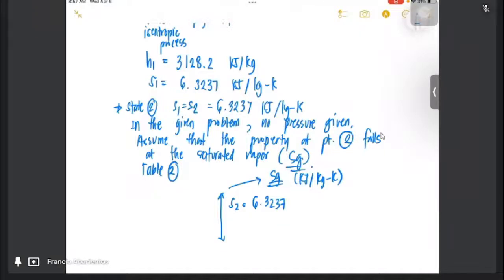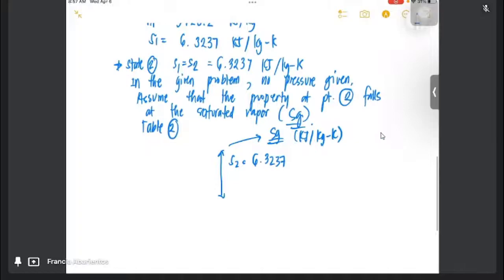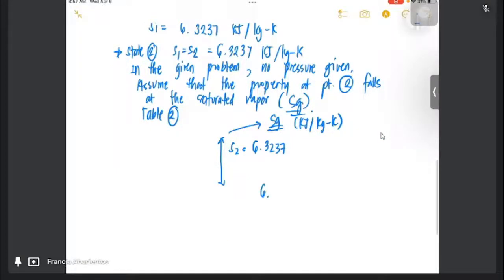Doon ka maghahanap ng 6.3237. So, ang makikita mo sa steam table, we have 6.3318 and 6.3229. So, ang given parameters natin, 6.3237. Anong gagawin natin?